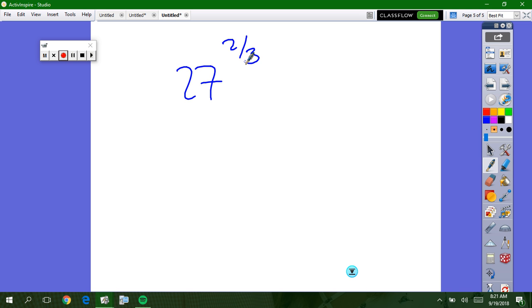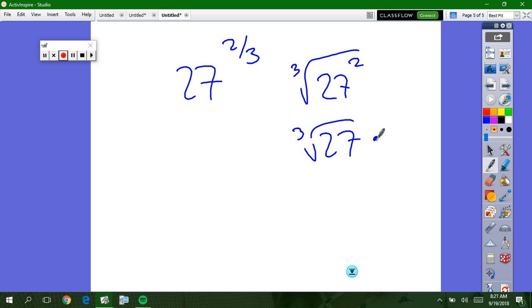Agreed? Okay, what would I rewrite this as? Right now it says a rational exponent, right? The cube root of 27 squared. Or I could even write the cube root of 27 times the cube root of 27, because that's being itself twice, right?